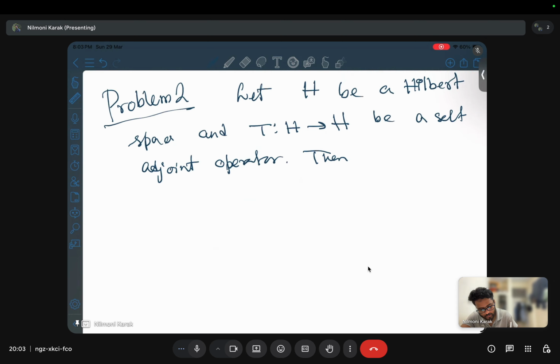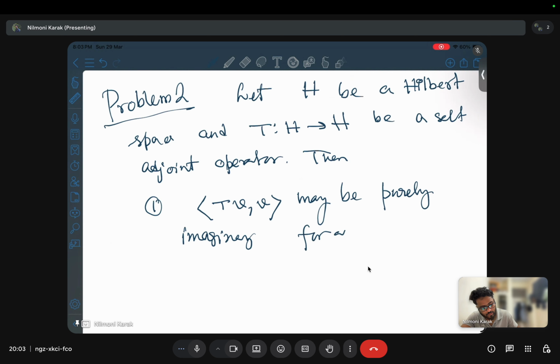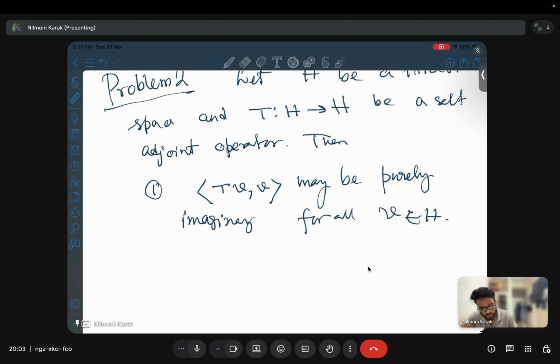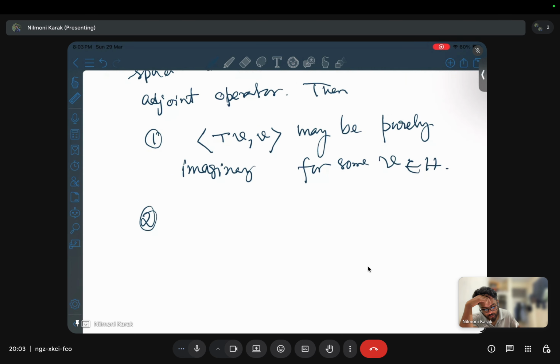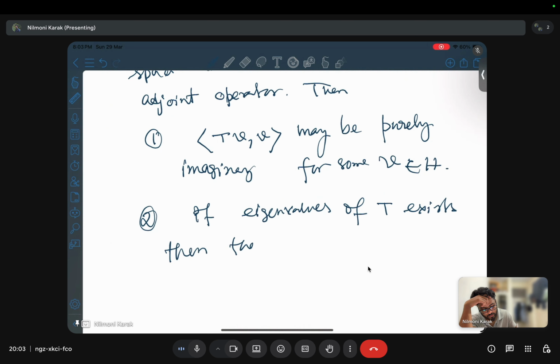Then, if eigenvalues of T exist, then they are real.